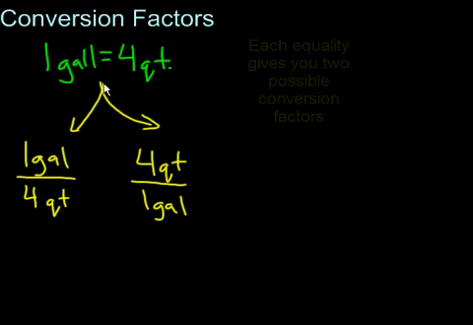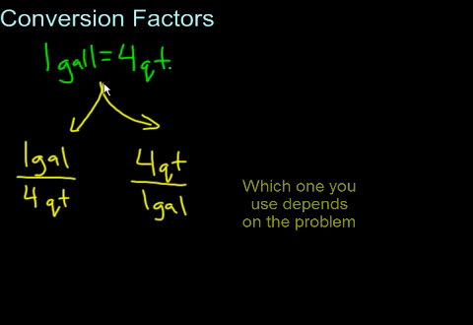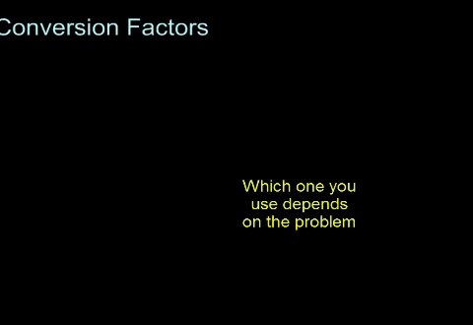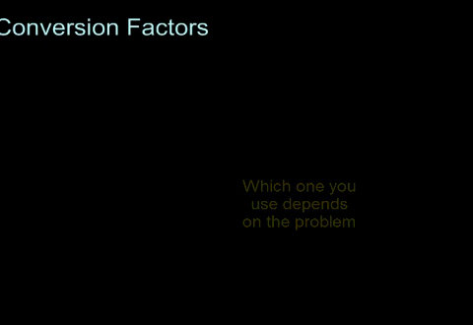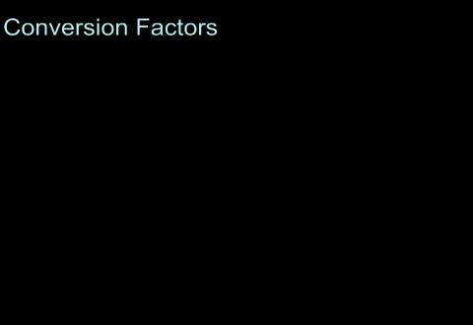Now, which one of those you have to use depends entirely on the problem. If I have quarts and I'm trying to turn them into gallons, I want quarts on the bottom. If I have gallons and I want to turn them into quarts, I want gallons on the bottom. For an example of a metric system one, we've got 1,000 milliliters equals a liter, and we'll use this one a lot in class.